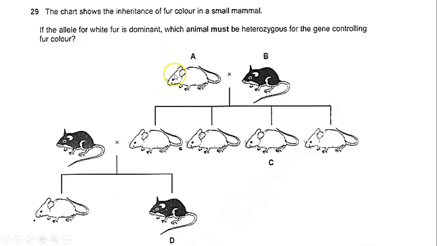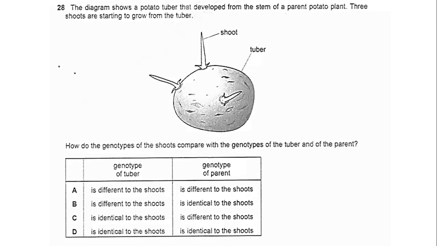So now we're looking at A and C. Which ones will be necessarily heterozygous? Of course it's C, because one of the parents here is homozygous recessive and the other parent is showing the dominant allele, which means that it's either heterozygous or homozygous dominant. So this means that this one is definitely heterozygous. So the answer will be C.